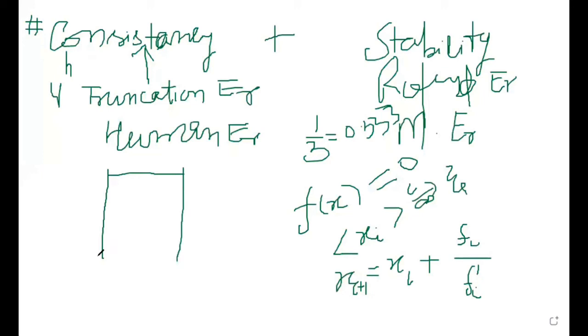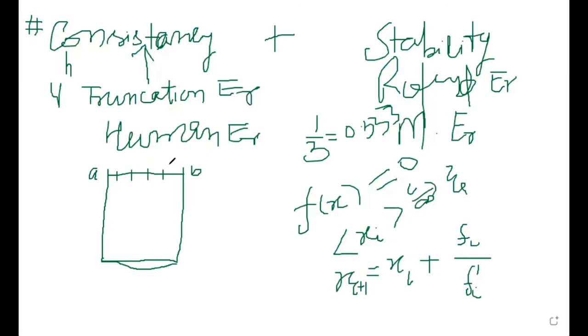Suppose A to B is our domain. The first thing we are doing is approximating this continuous interval by a finite number of nodes. Am I right? That is the first approximation we are making.